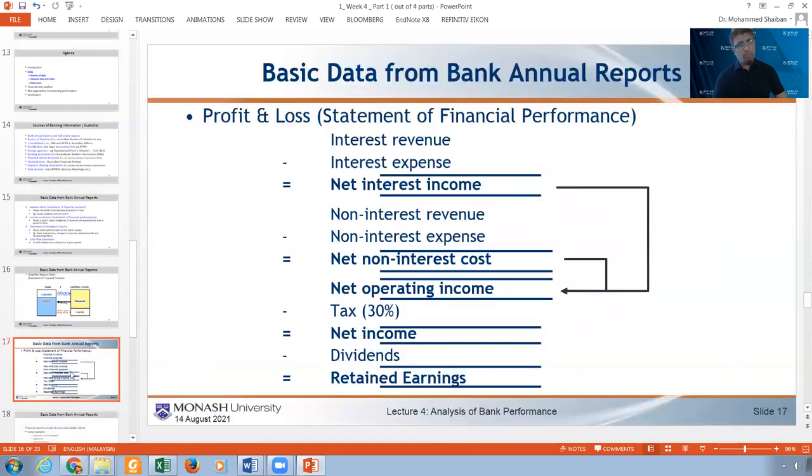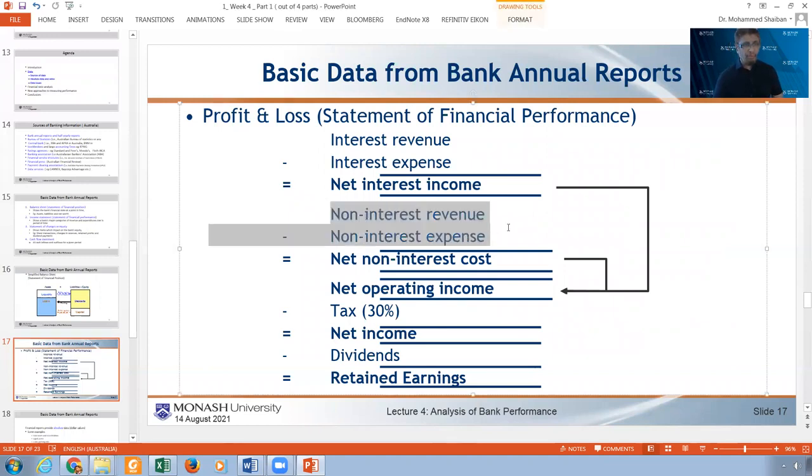If you look at what information is coming from the annual reports, look at the income statement, for example. We have interest income minus interest expenses. We get something called net interest income. Then we have the non-interest revenues or expenses, which are revenues coming from areas other than loans.